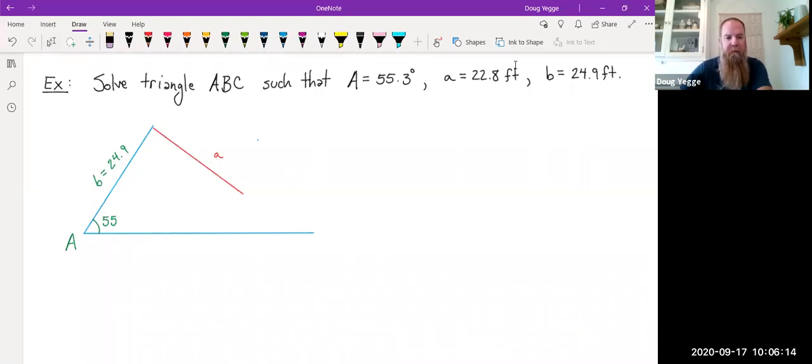Now in this example, we should recognize that we're given angle A and its opposite side. So we draw this angle of about 55.3 degrees, and we realize that side A is going to have to be opposite angle A. And so side B is going to be this length right here.